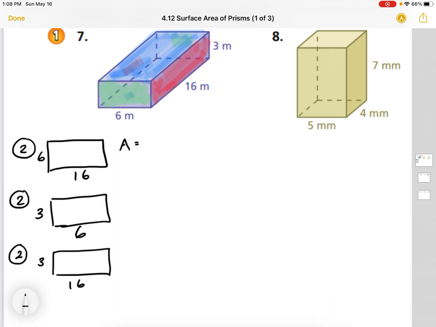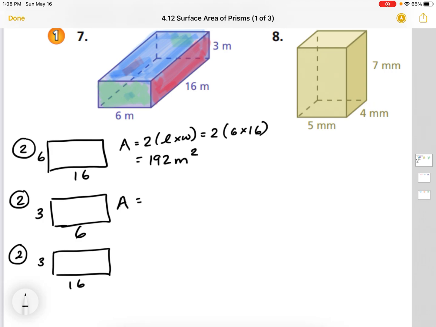So area for this, 2 times length times width equals 2 times 6 times 16, which is 192 meters squared.